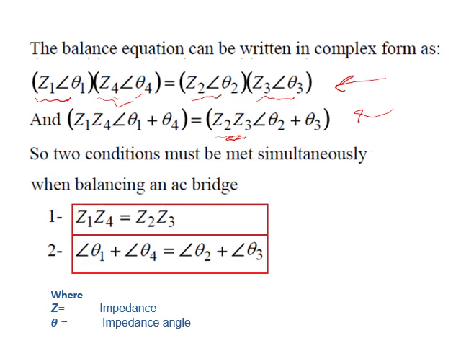Because you see here, this quantity is supposed to be equal to this quantity. That means to obtain the condition, we need to satisfy two conditions. Z1 Z4 equal to Z2 Z3, which means here we are dealing with magnitudes. And at the same time, we are supposed to satisfy the angles: theta 1 plus theta 4 equal to theta 2 plus theta 3.